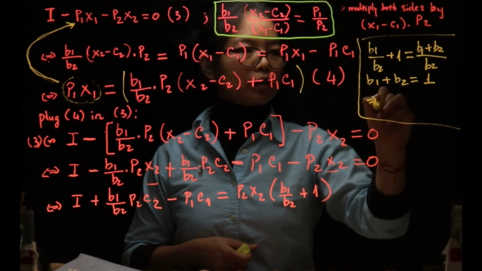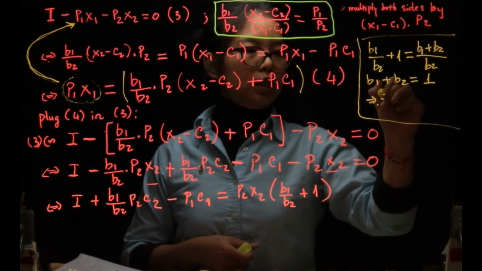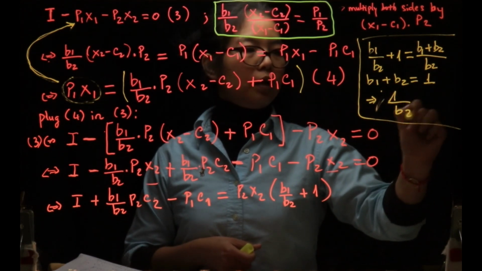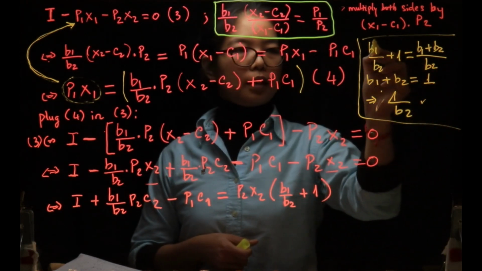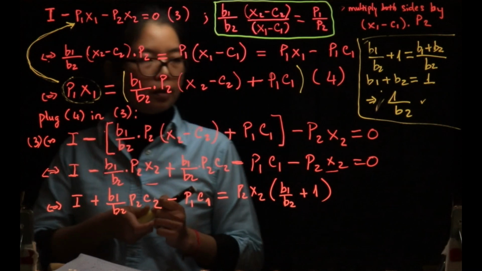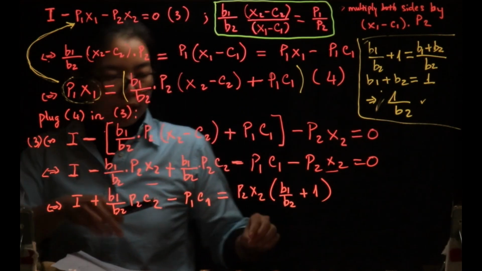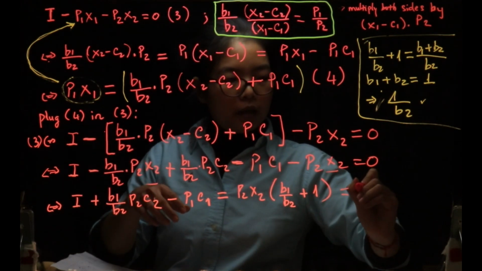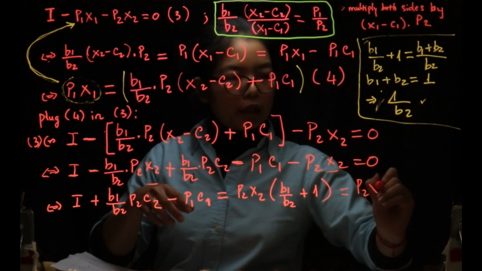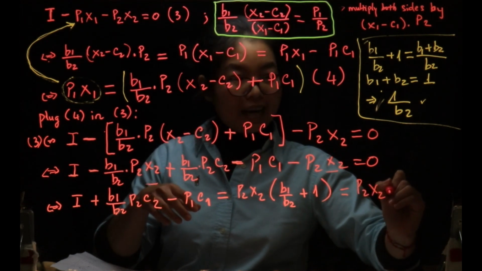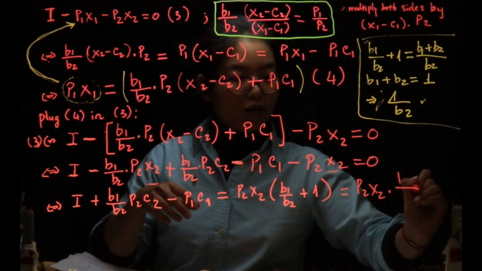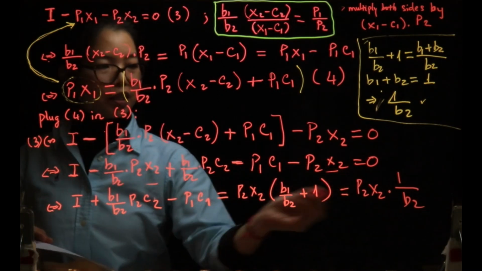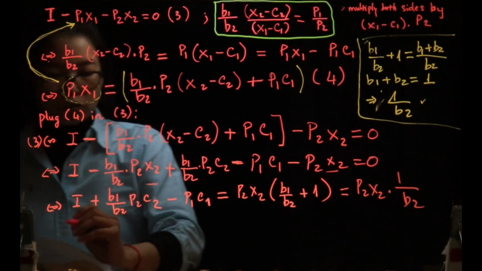So in this case the result is 1 over b2 for this term. Yeah? Let's put it down here. And we write it as p2 x2 times 1 over b2, right?